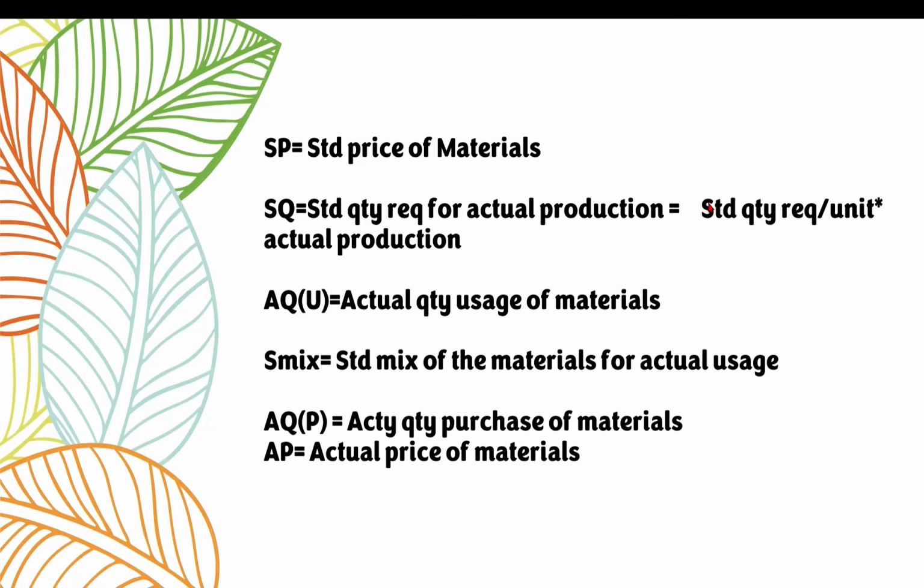Be careful, you need to find this figure from the question, then multiply both, then you will get the SQ value. AQ and U mean actual quantity used of materials, S mix means standard mix of material for the actual uses, AQ and P means your actual quantity purchased of materials, and AP is the actual price of the material. So these are the terminology for the words I have used in the diagram.